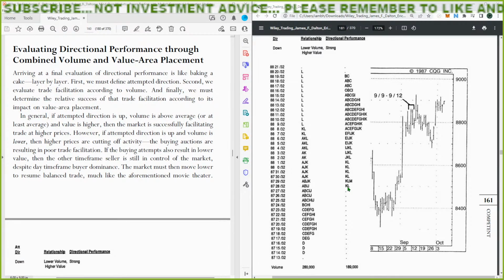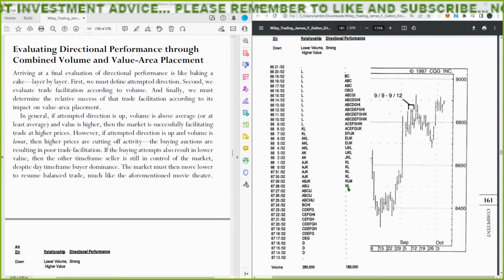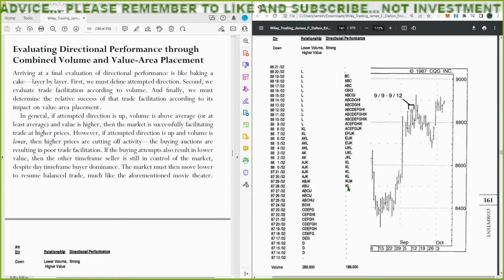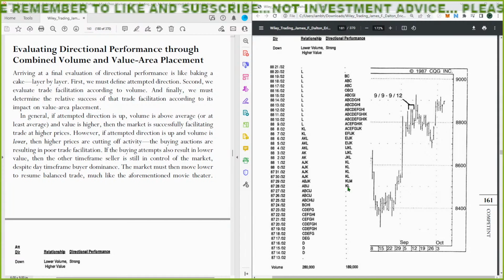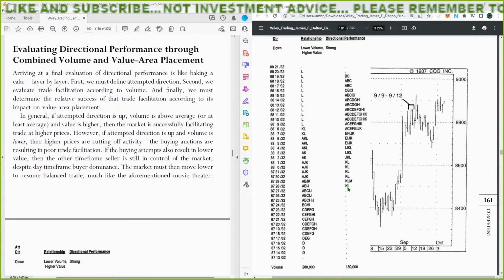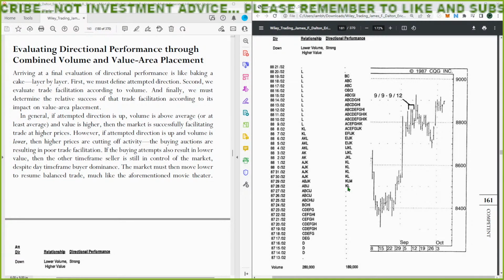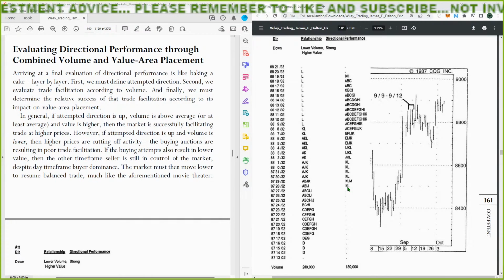In general, if attempted direction is up, volume is above average, or at least average. If the value is higher, then the market is successfully facilitating trade at higher prices. However, if attempted direction is up and volume is lower, then higher prices are cutting off activity. The buying auctions are resulting in poor trade facilitation.